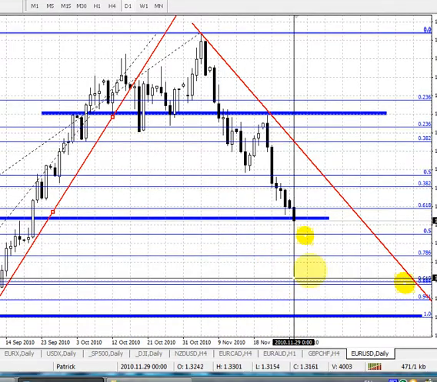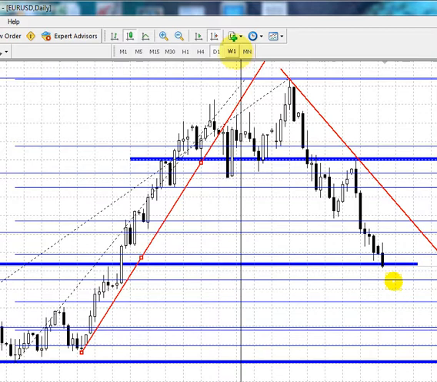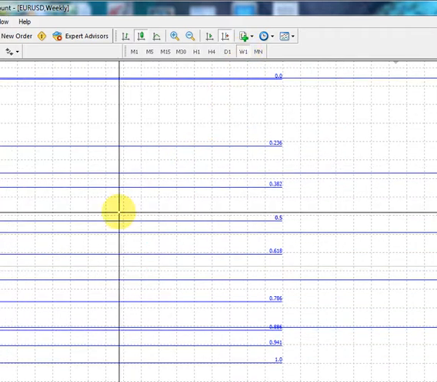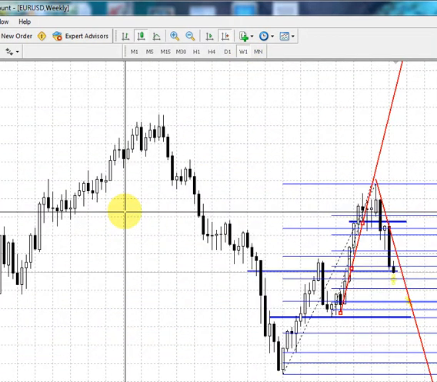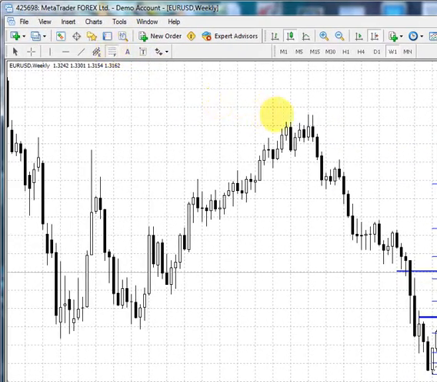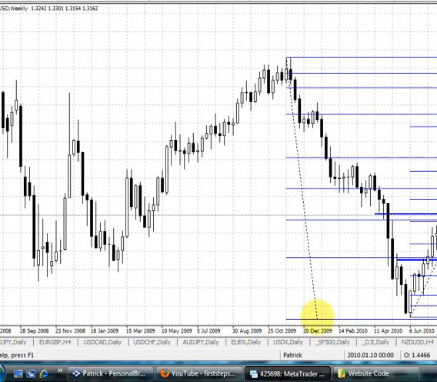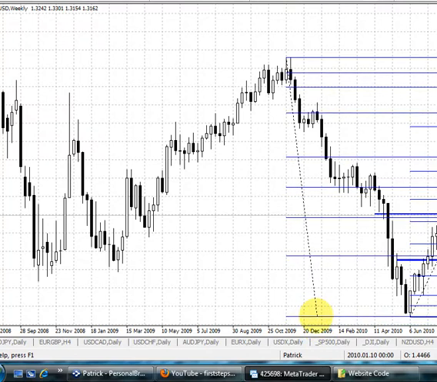One thing that we should also look at is we're looking at the daily chart here. Let's go up to the weekly chart and see if there's anything interesting on the weekly chart. Let's just try some theories out. Let's plot this from this high back in October, November 2009 down to this low and see what happened.